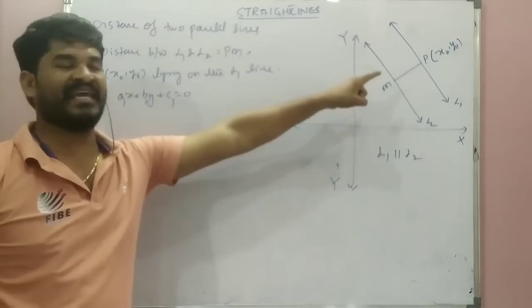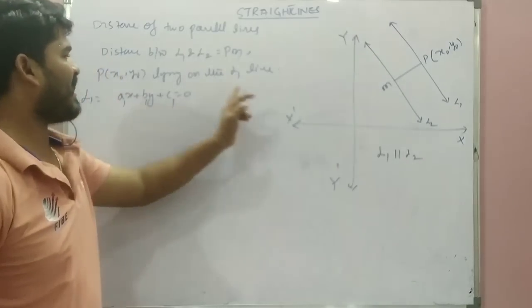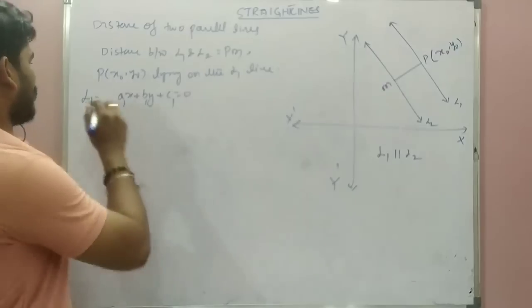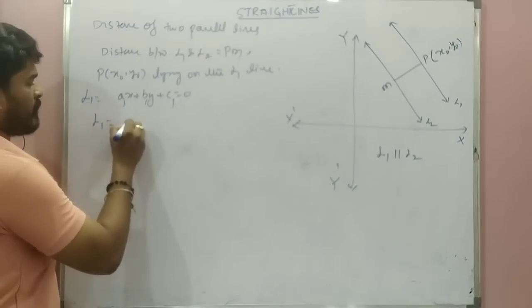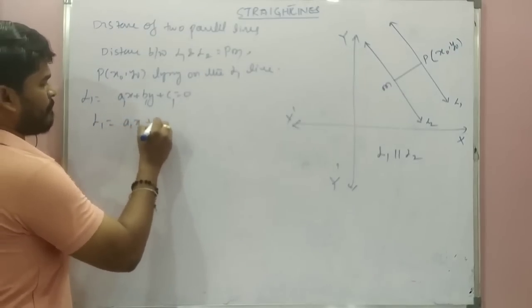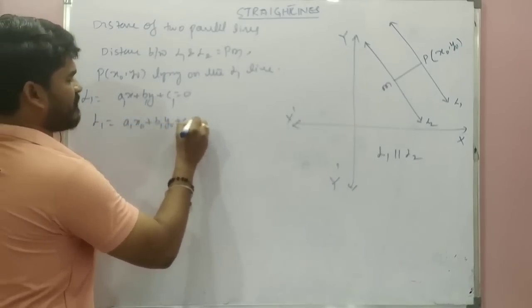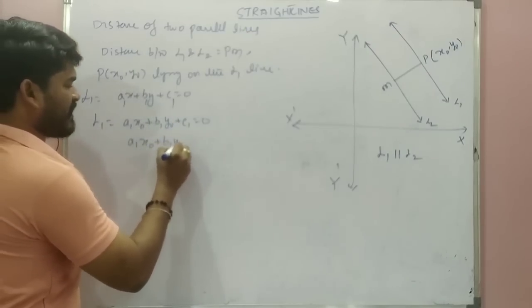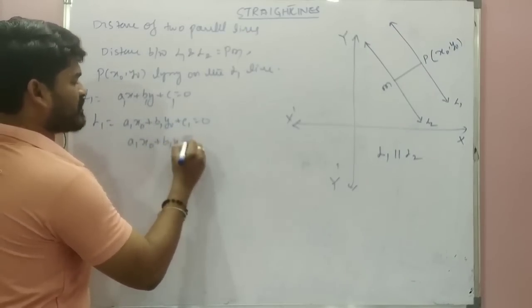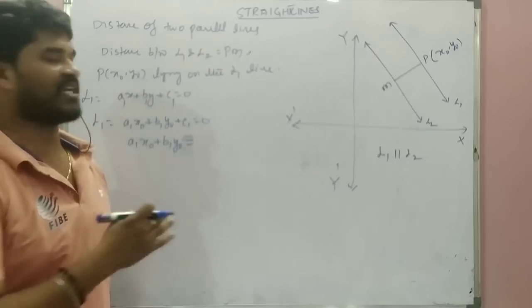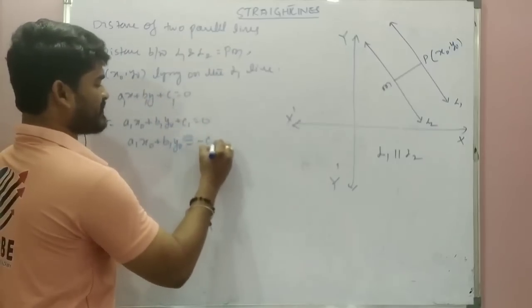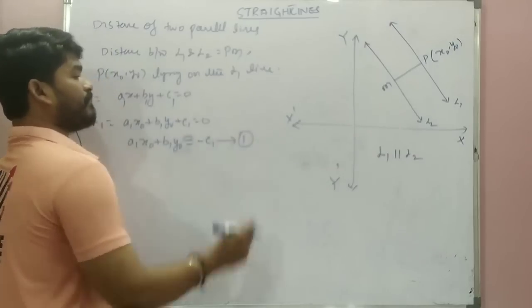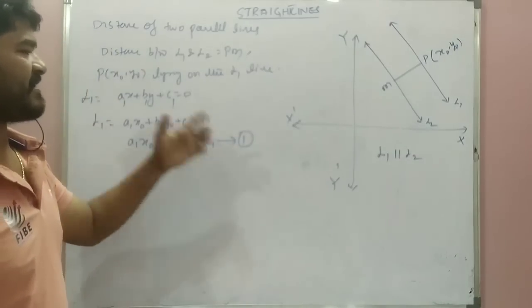Since P x0 comma y0 is lying on the L1 line, a1x0 plus b1y0 plus c1 equal to 0. Therefore, a1x0 plus b1y0 equal to minus c1, with c1 transferred to the RHS. Assume that this is equation 1.